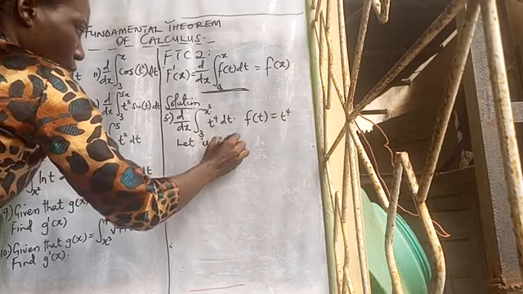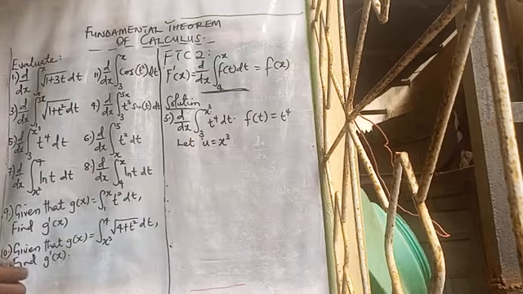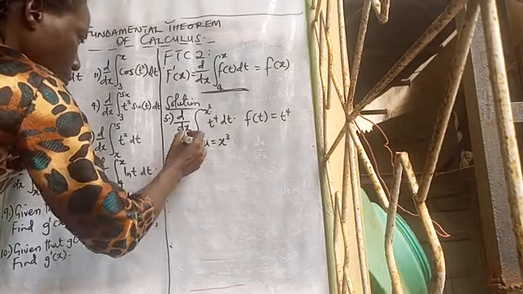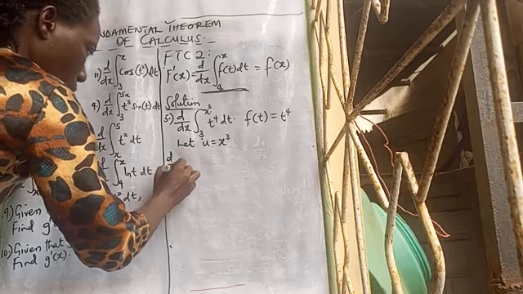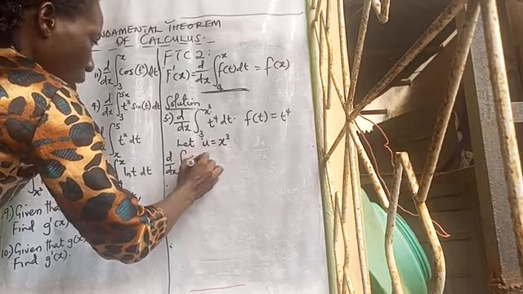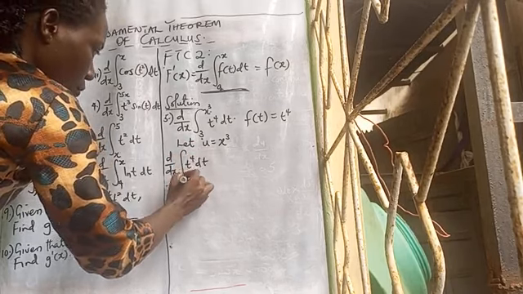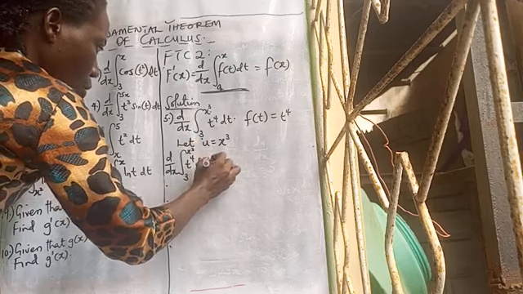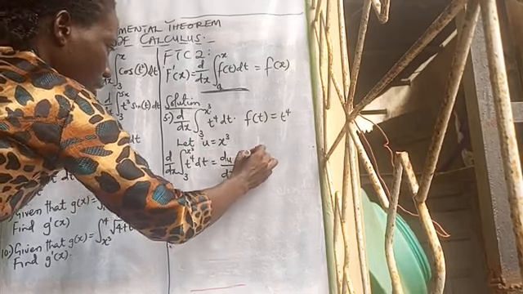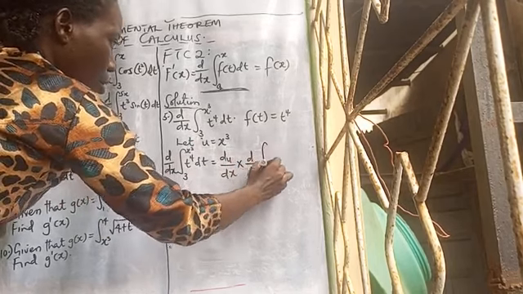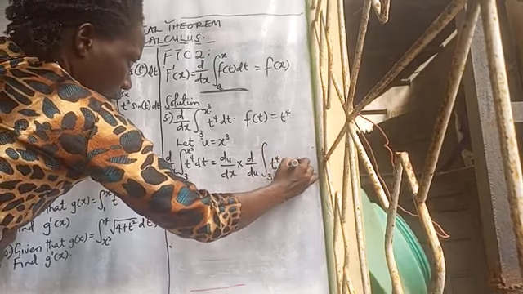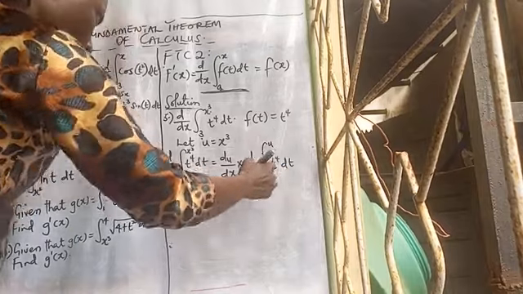Let u equal x raised to power 3. And so our answer, d/dx of the integral of t raised to power 4 dt from 3 to x cubed will be what? du/dx times d/du of the integral of t raised to power 4 dt from 3 to u.